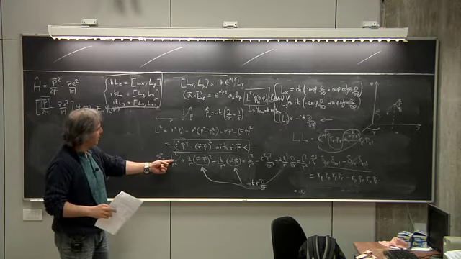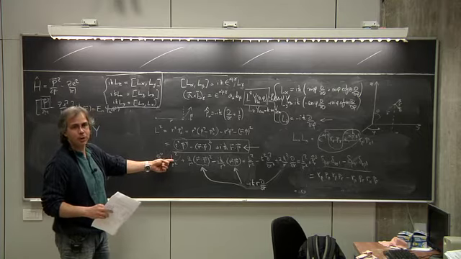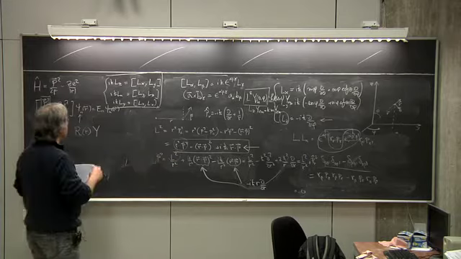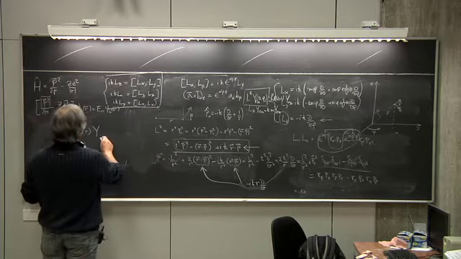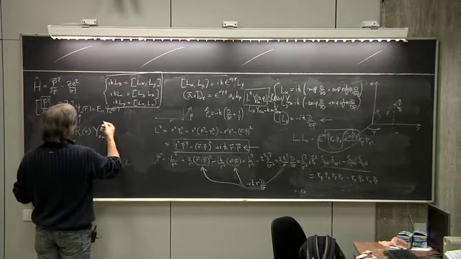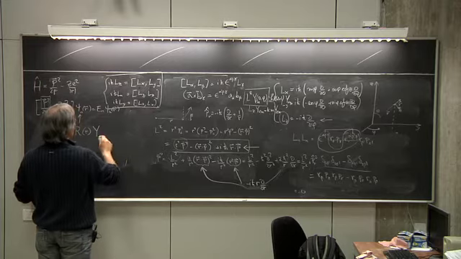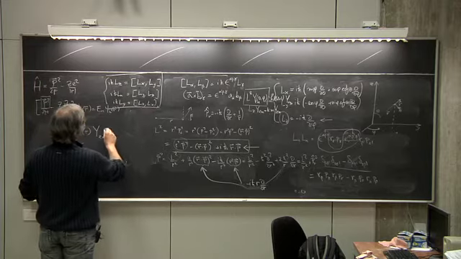In particular, it must be an eigenfunction of L square. You see that L square appears there. So let us take spherical harmonics, which we will learn more about, but you already know are eigenfunctions of L square.